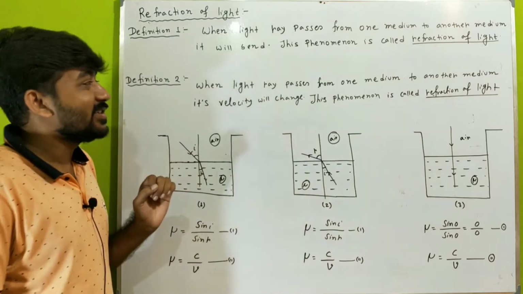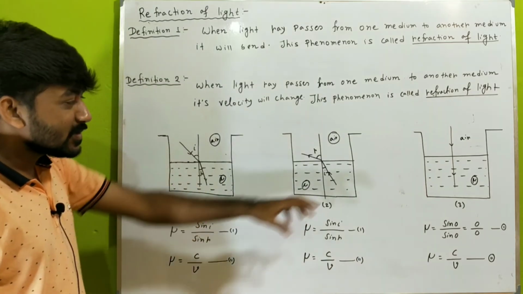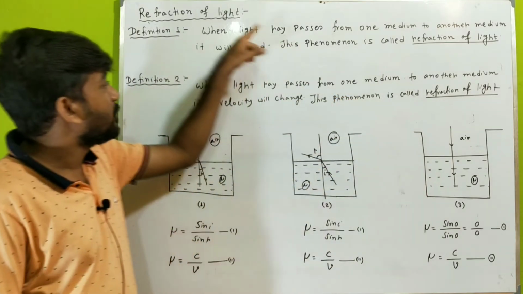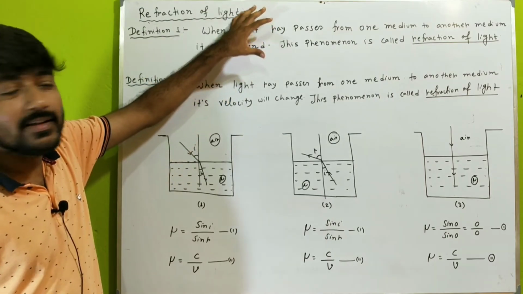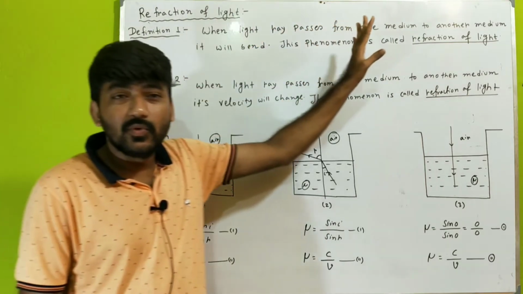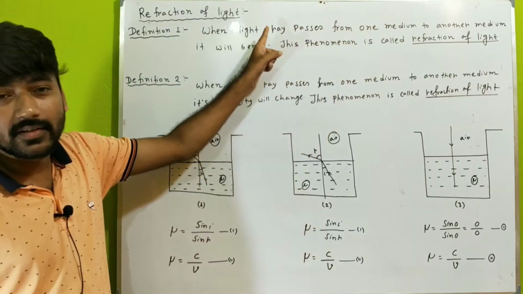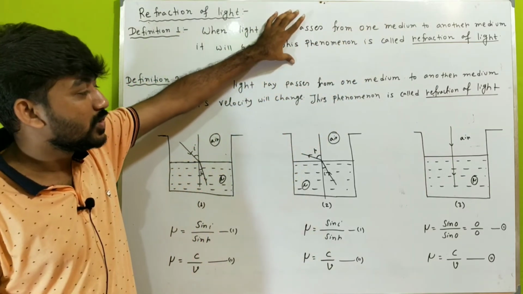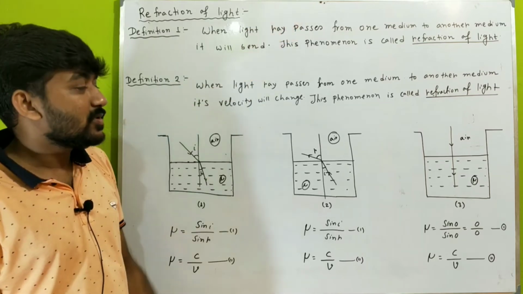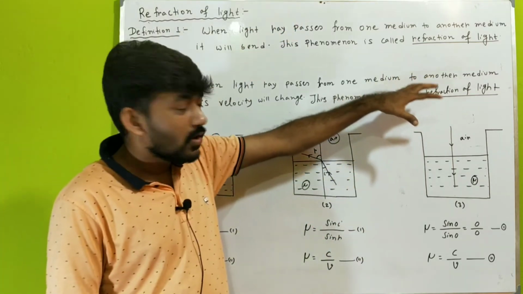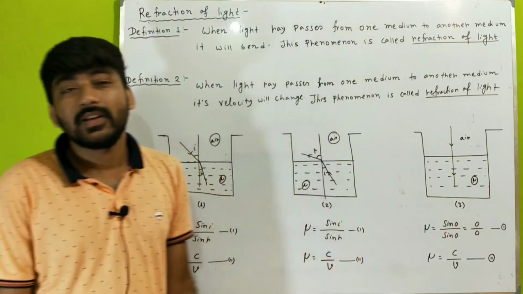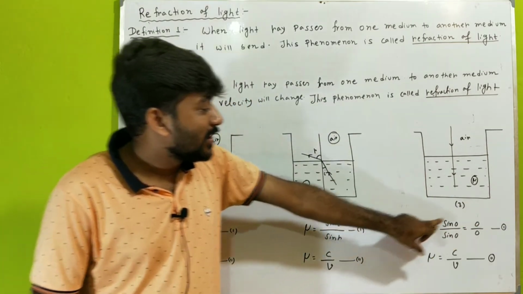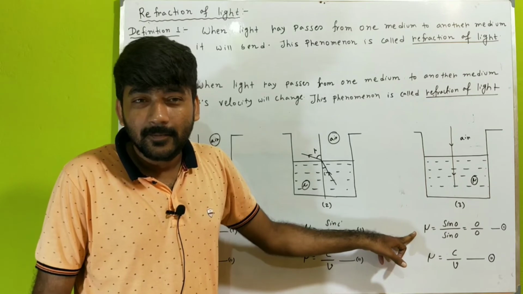But the most interesting thing is that if someone wants to support this definition, as it is written in most of the textbooks, students or many people can say that this is not the phenomenon of refraction of light, because here Snell's law is not valid.